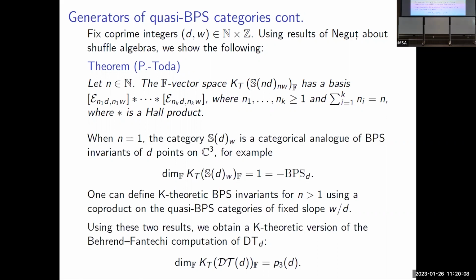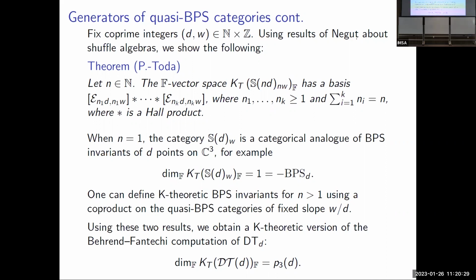And then when N equals 1, we regard this category SDW as a categorical version of BPS invariants of D points on C3. An example is this numerical computation. The BPS invariants for points on C3 are all equal to -1.